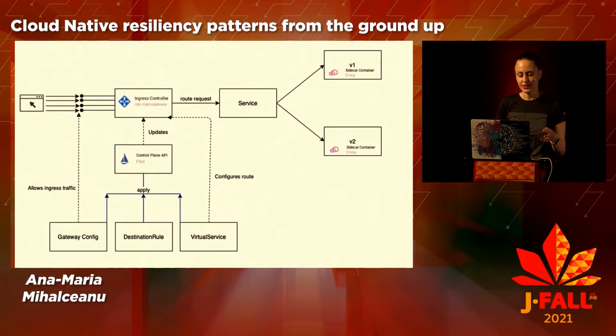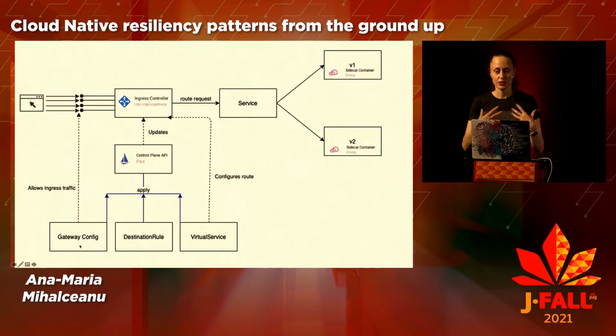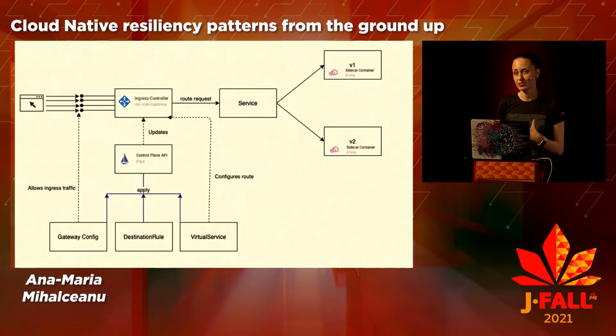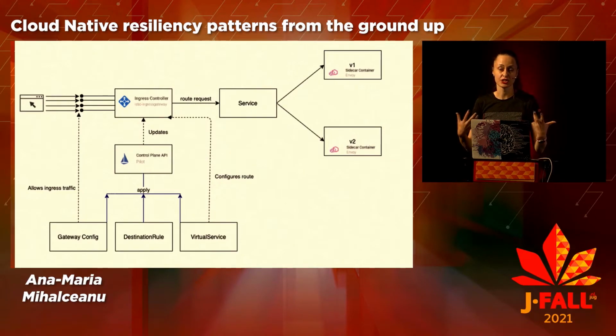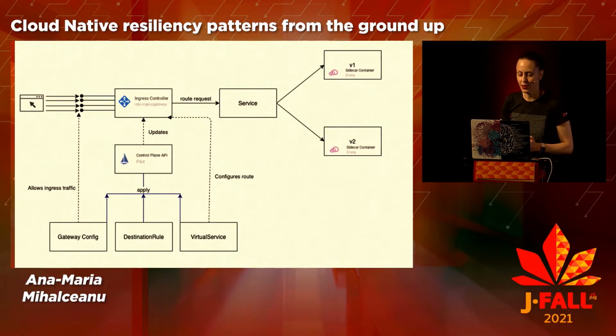Thanks to a gateway config done in Istio, that request is translated for the ingress controller. And thanks to the virtual service, it can be routed better to a service or to a deployment that can give you the best or the shortest answer, of course, if you know how to tweak things. And I'm going to show you how.